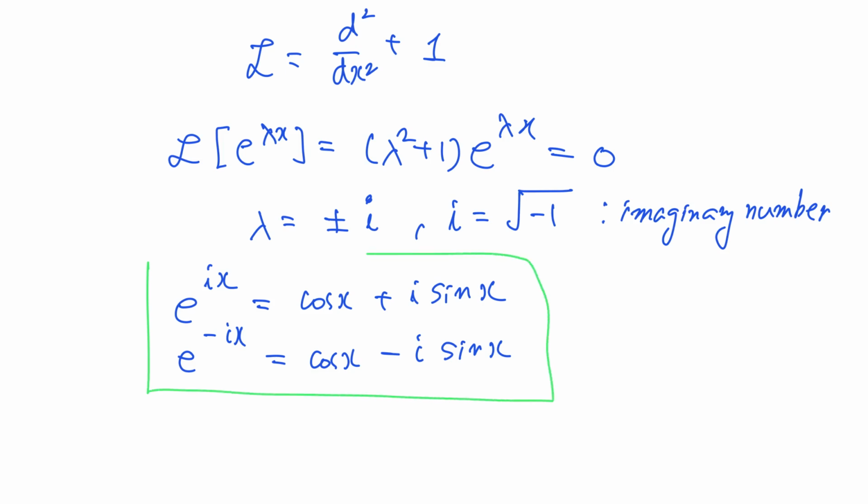These are called Euler's formula. So we have cosine x and sine x are solutions.